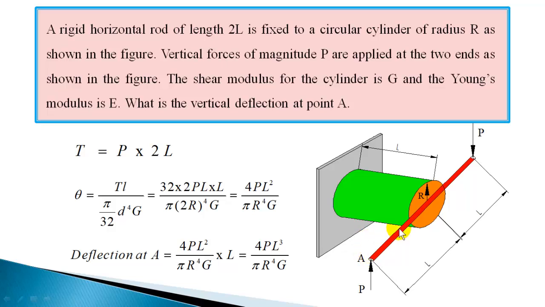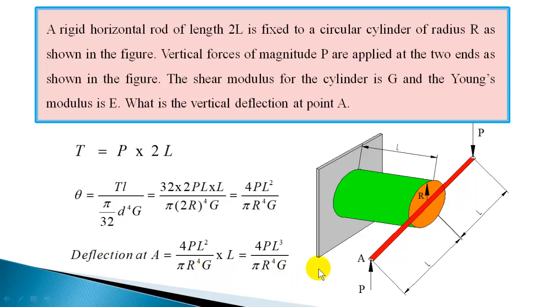The distance moved you can calculate as the angle through which it rotates multiplied by the length. The rod is fixed at the center here, and it is rotating with respect to this point, so the radius of rotation is L. L into the angle through which it rotates gives the movement of this end A. So the deflection at A is theta into L, which gives 4PL cubed divided by pi r raised to 4G. That is the vertical deflection at point A.